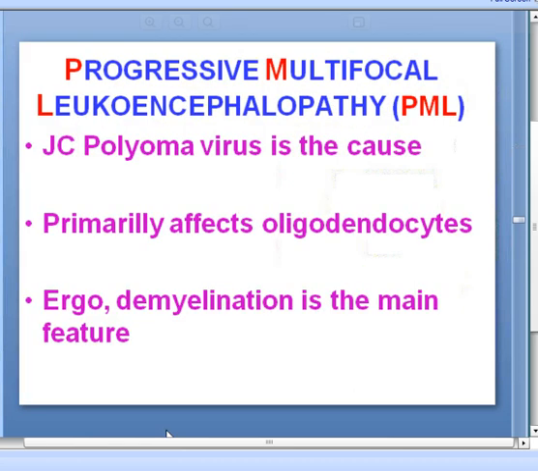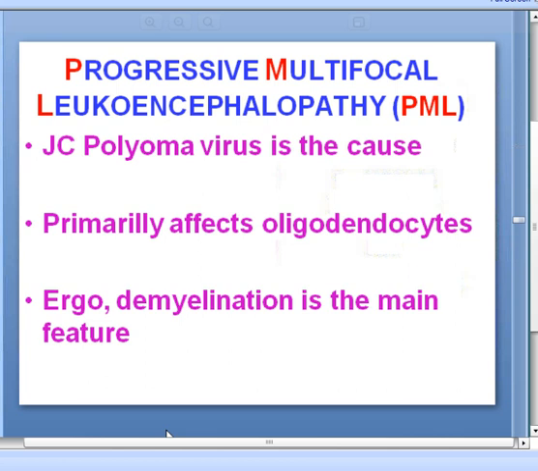Remember, there's another virus called JC polyoma virus. And don't ever confuse JC polyoma virus with Jakob Creutzfeldt disease because they're two completely different things.